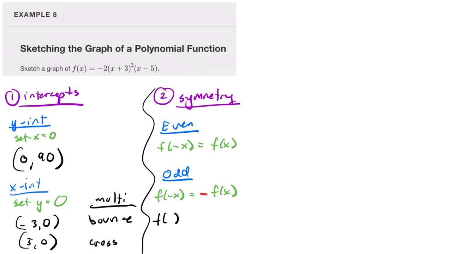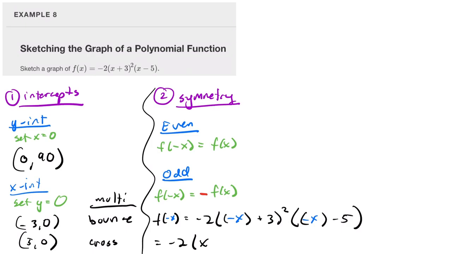So first I'm going to replace each x with a blank set of parentheses. And in the blank parentheses, we're going to put -x. Okay. Now in that first expression, if we factor out a -1, we're going to have what? -2 times x minus 3 squared.